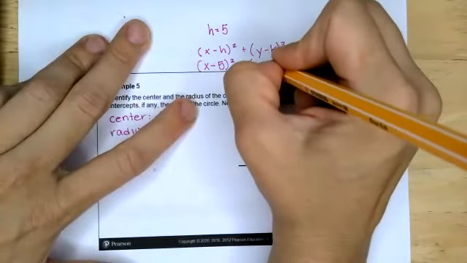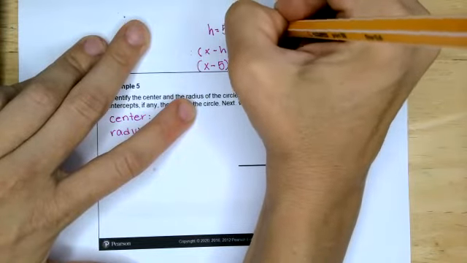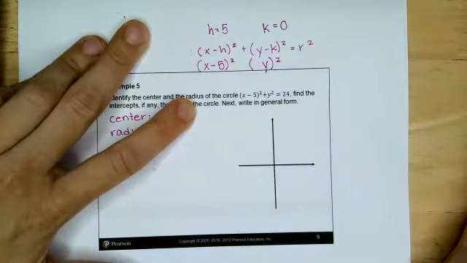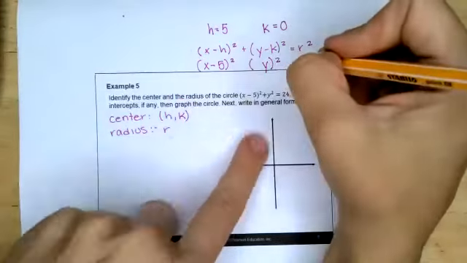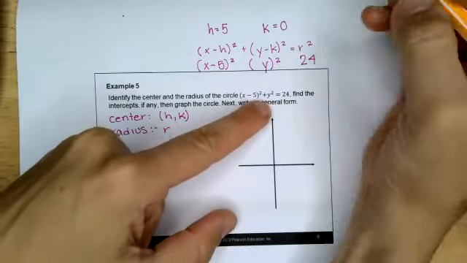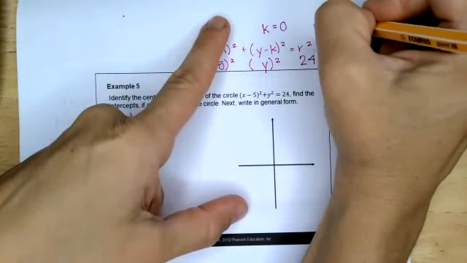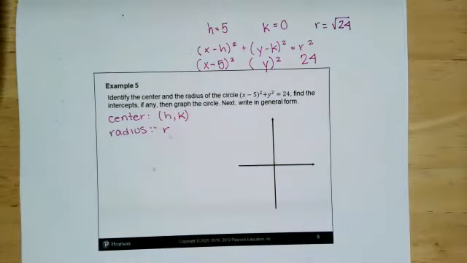Y minus k is just y squared. So that means my k is 0. R squared is positive 24. So that means my r is the square root of 24. Good.